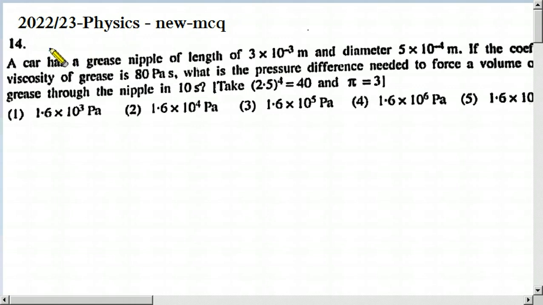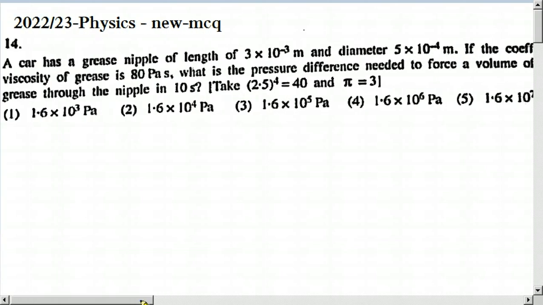Children, today I am going to discuss question number 14 from the MCQ part of the 2022-23 Physics New Syllabus paper. A car has a grease nipple of length 3 times 10 power minus 3 meter and diameter 5 times 10 power minus 4 meter.